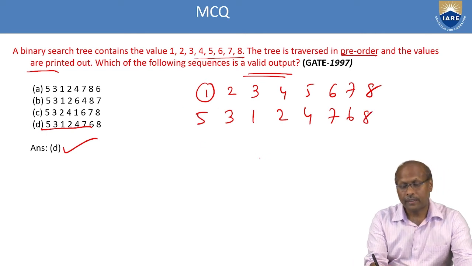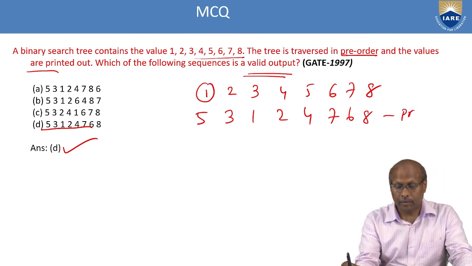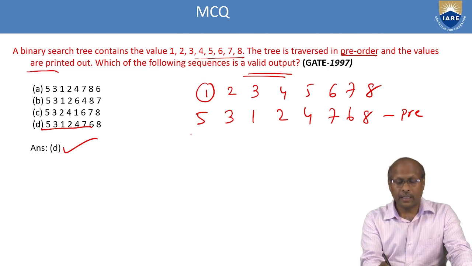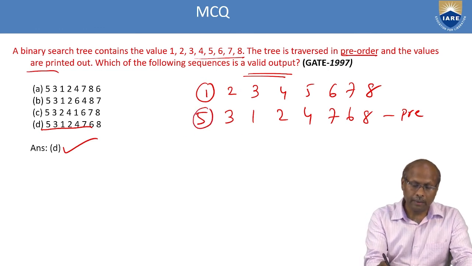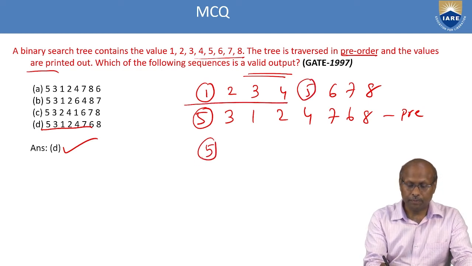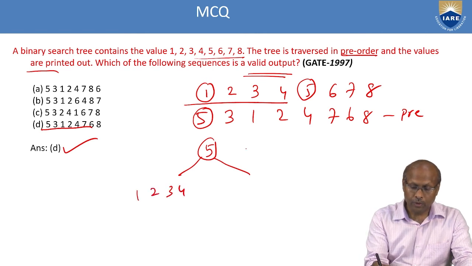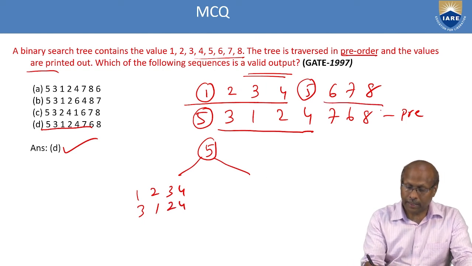If you observe here, because this is a pre-order, pre-order means the root will always come first. So 5 is the root. If 5 is the root, the remaining will be the left, 3, 1, 2, 4, and similarly the right, 7, 6, 8.